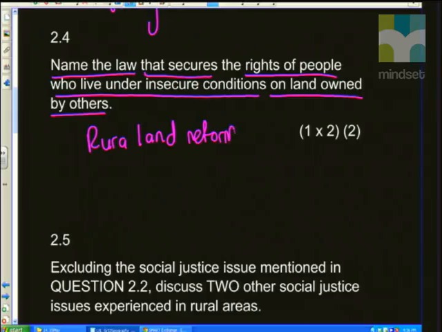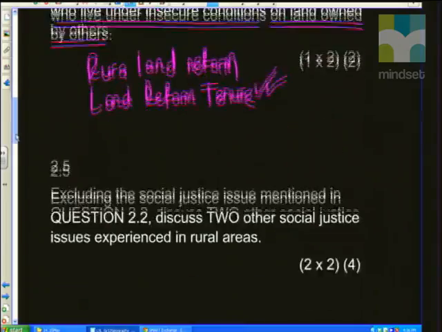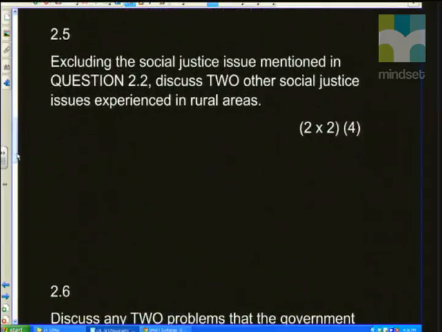Okay? Or land reform tenure. Which means they are granted the right to use and live on that land. 2 marks there. Right. Let's have a look at the next question.